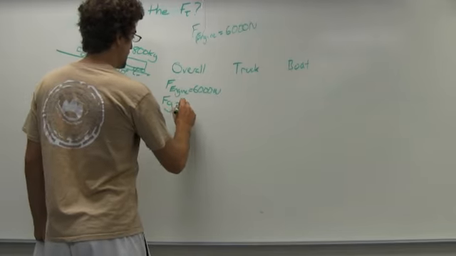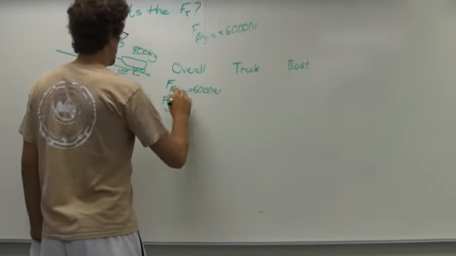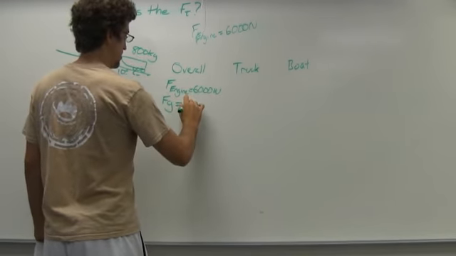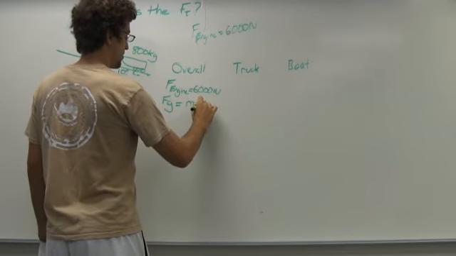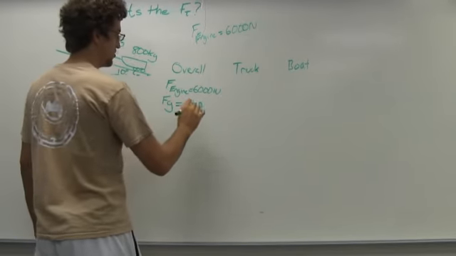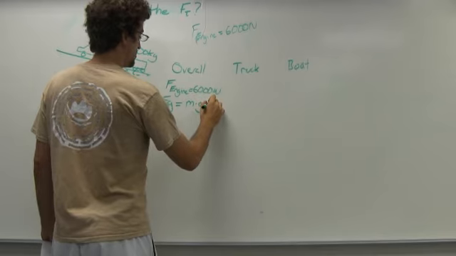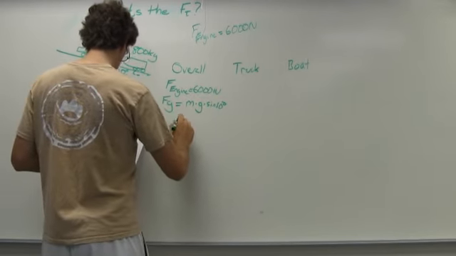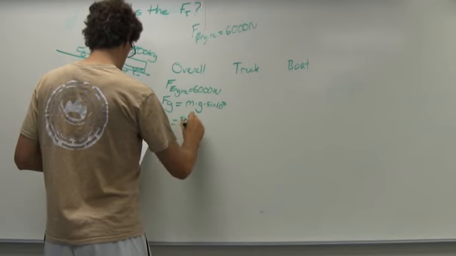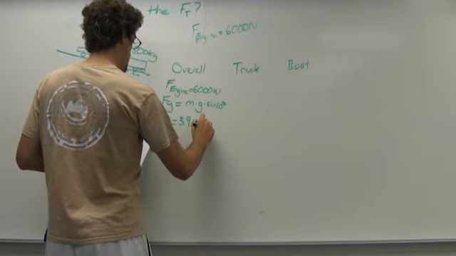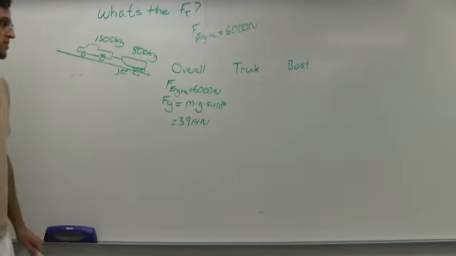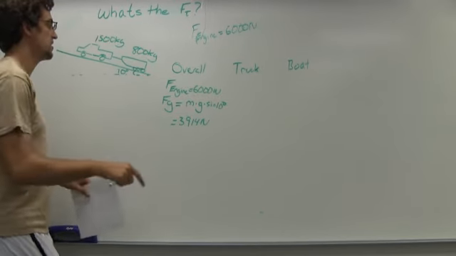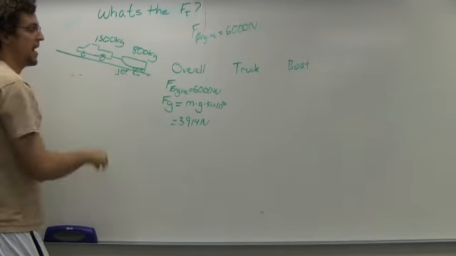We find that using our angle: the mass times acceleration due to gravity, times sine of 10 degrees. That comes out to be 3,914 newtons.